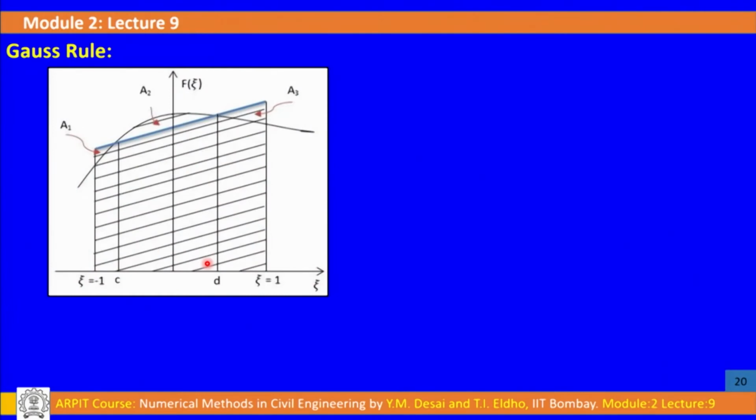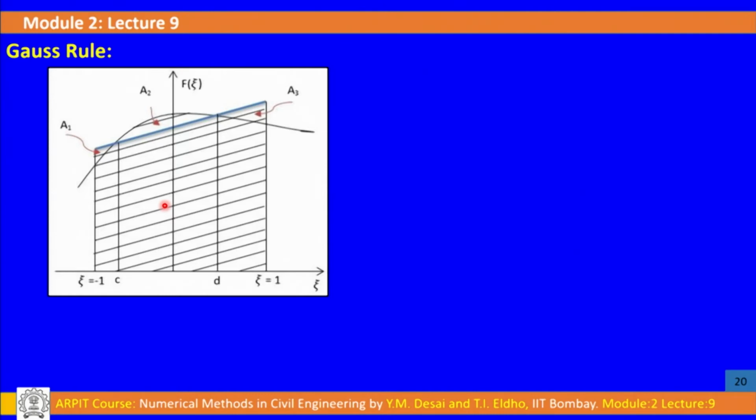Our usual trapezoid is constructed taking the end points of the region. Instead, Gauss constructed the trapezoid by taking two points inside the domain. These points, let us say, are C and D, and in terms of the value of the function at C and D, he constructed the trapezoid by extending the straight line joining F C and F D to the end points.